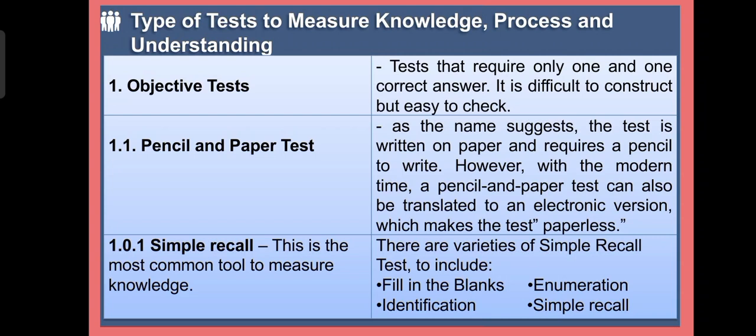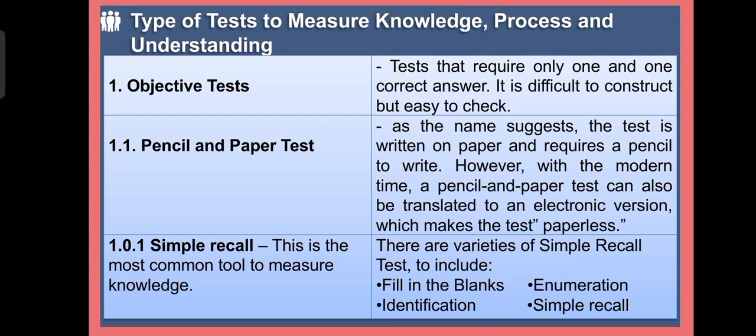Fill in the blanks means you have to fill in missing words or phrases from a sentence or paragraph. Identification involves picking out specific things related to the topic being tested on, like identifying important dates or names. Enumeration requires listing items related to the topic being tested on in order.